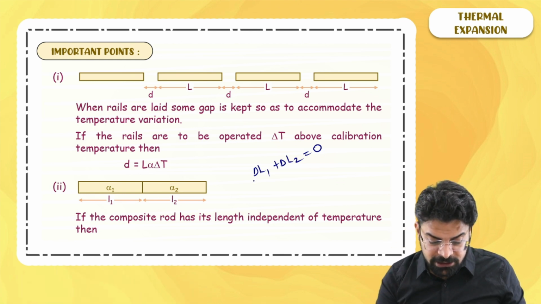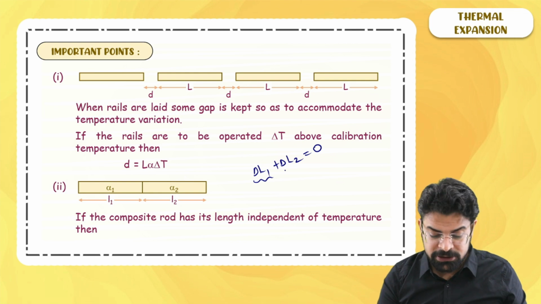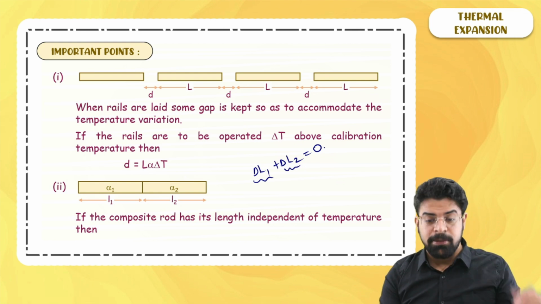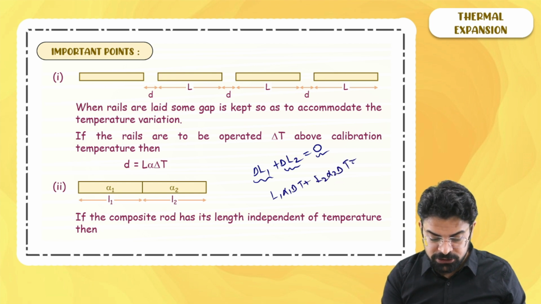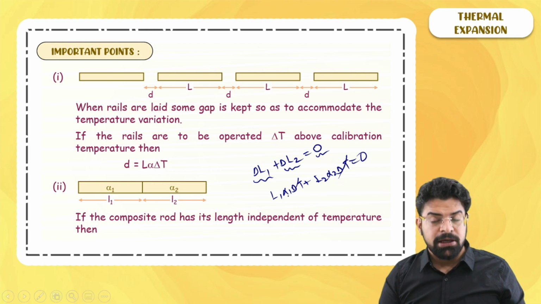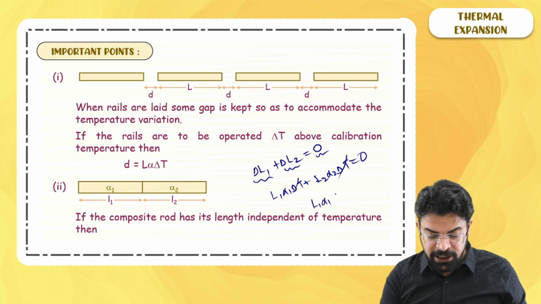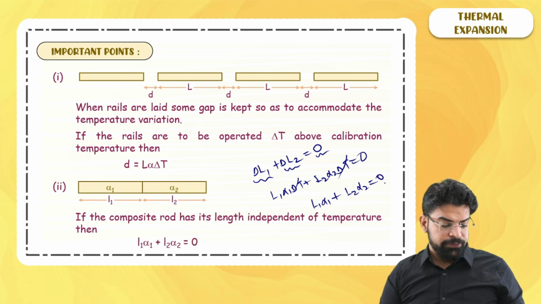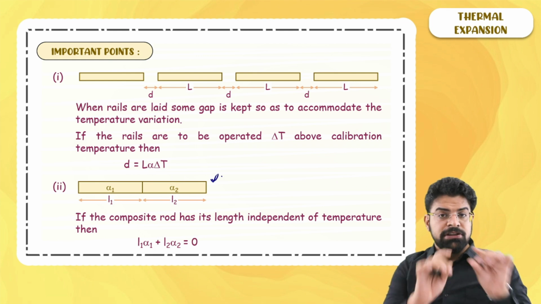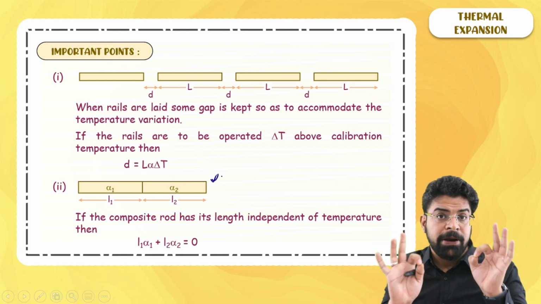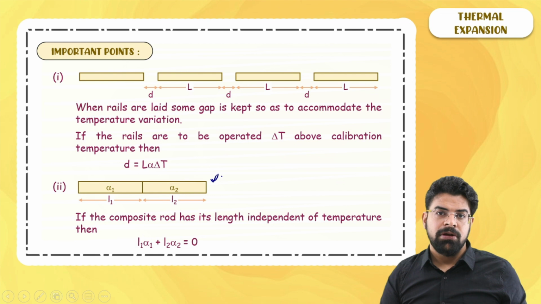Hence you will write L1 alpha 1 delta T plus L2 alpha 2 delta T equals 0. Delta T cancels, so you get the condition that L1 alpha 1 plus L2 alpha 2 has to be equal to 0. So this is the condition given that the length of this composite rod does not depend upon the temperature. Let's move on to the next case.